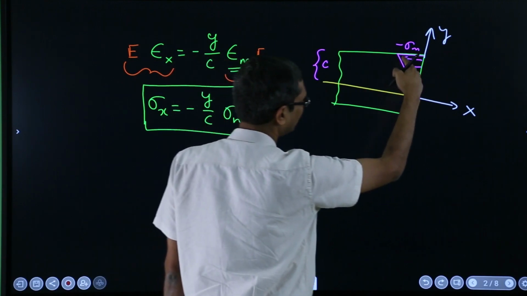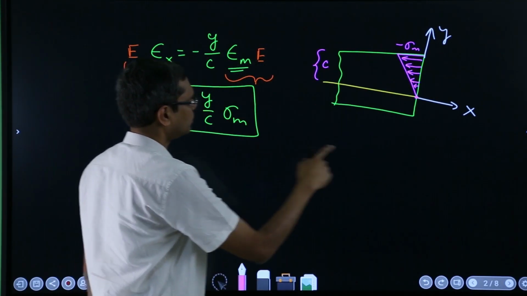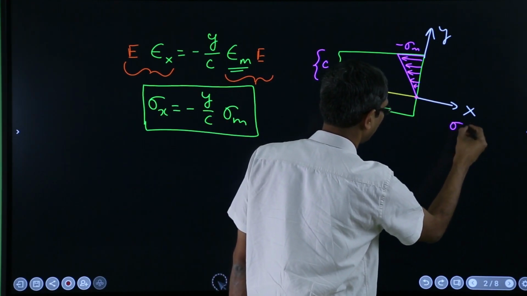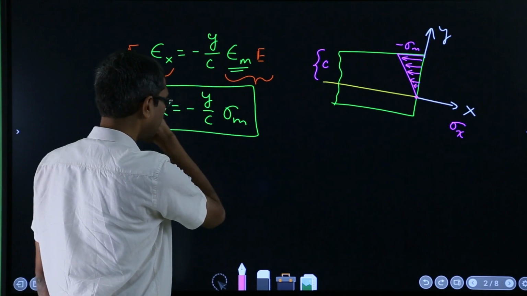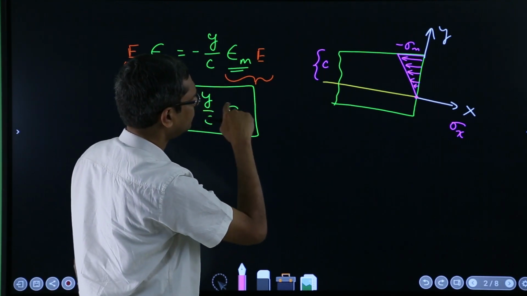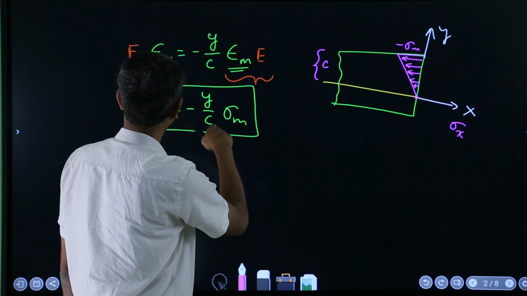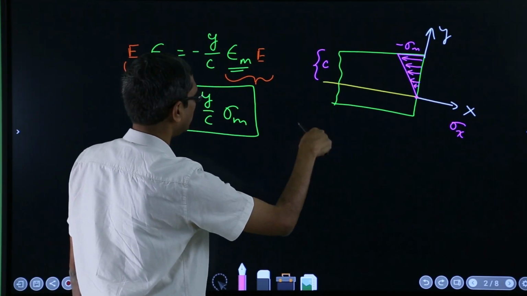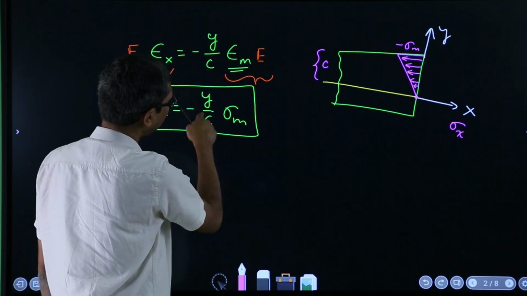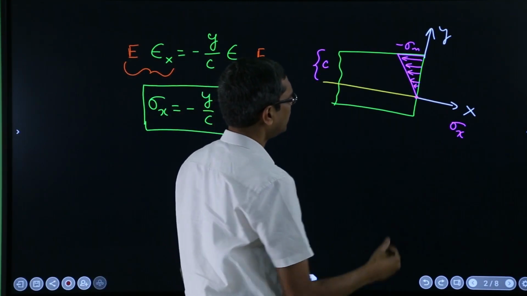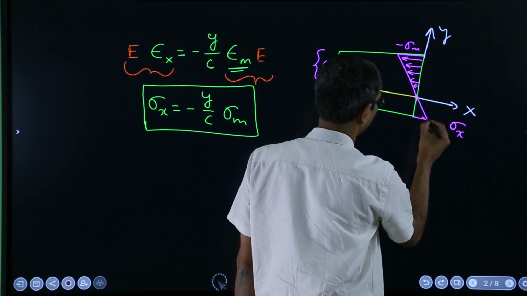Here we are plotting sigma versus y, so in this direction we are plotting sigma. Now if we go below the neutral axis, y will be negative and sigma will be positive, some fraction of that maximum, again linear up to this point.